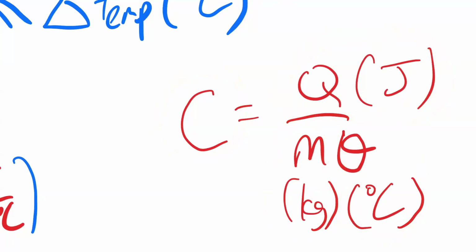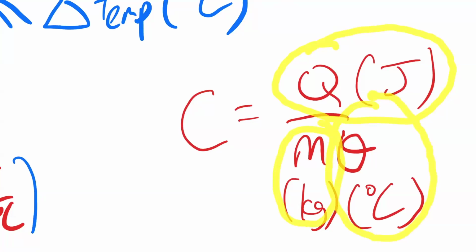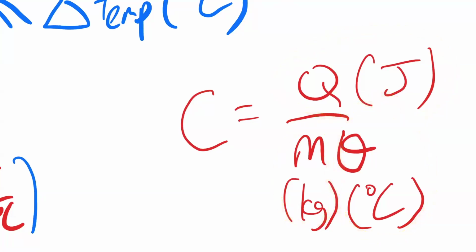Next, you. Specific heat capacity is defined as the energy needed to change one kg of a substance by... Very good. You next.